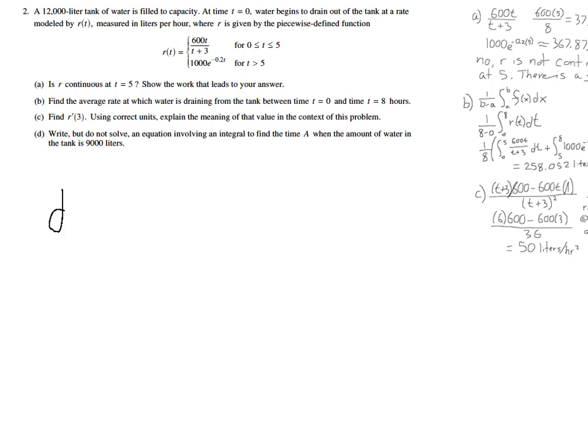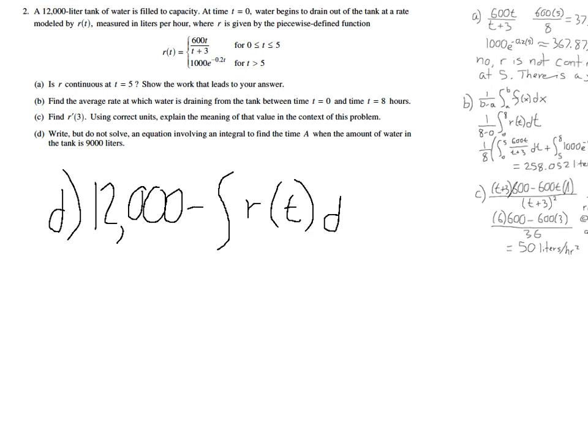So for part D, I start with my 12,000, and then I subtract the amount that drained out. Now, what's the amount that drained out? Well, it's the integral of the rate that it's draining. And the question is, well, how long should it be draining? But that's literally the question. We want to know how long it takes, so from 0 to A, to get to a value of 9,000.